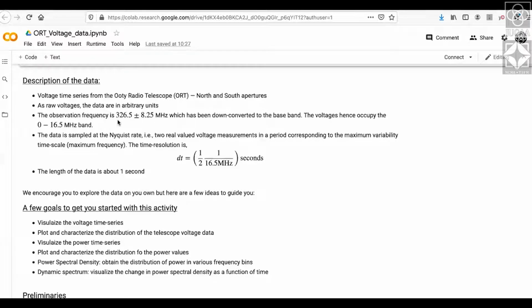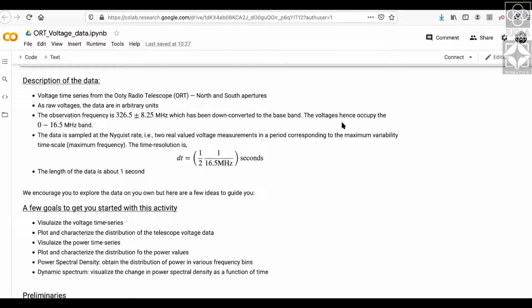The frequency range of observation was 326 plus or minus 8.25. And if I'm not wrong, Desh, this has been down converted to 0 to 16 megahertz, right? Yes. Even though it was at another frequency, during the sampling, that conversion has automatically taken place.